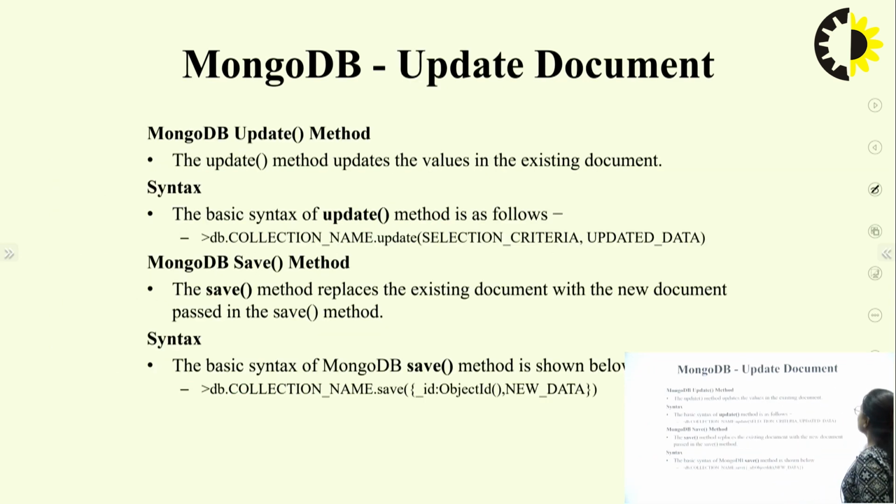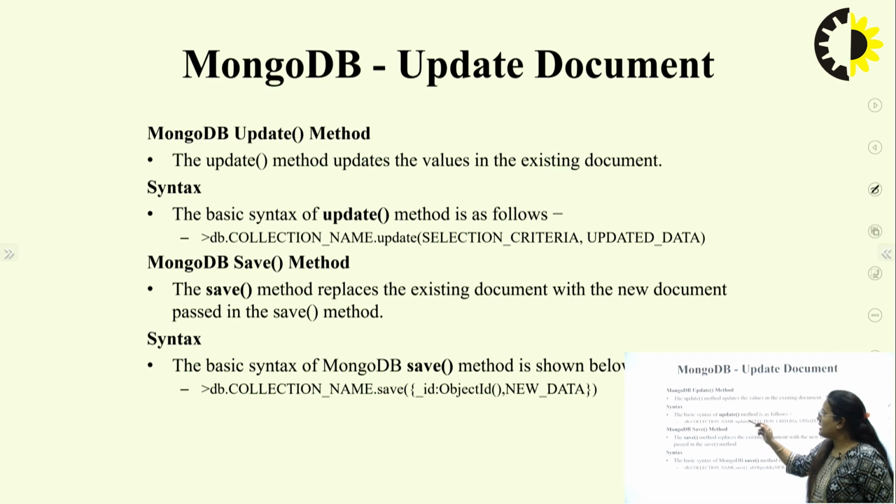Okay, next one is update document. MongoDB update and save methods are used to update a document in a collection. The update method updates the values in the existing document, while the save method replaces the existing document with the document passed in the save method.